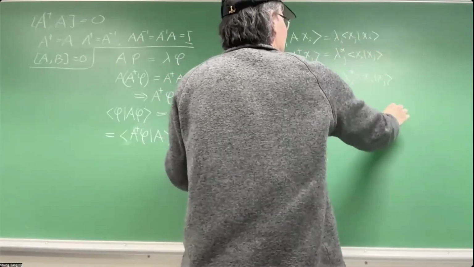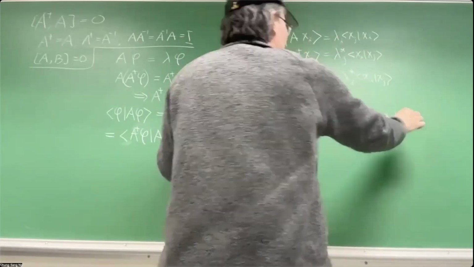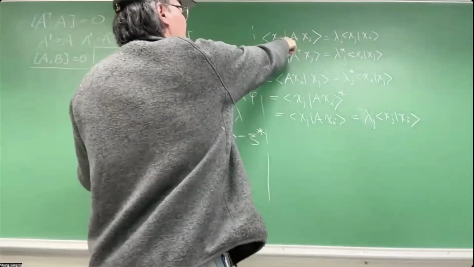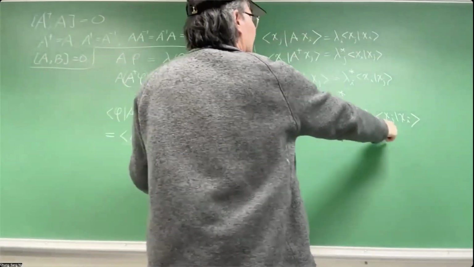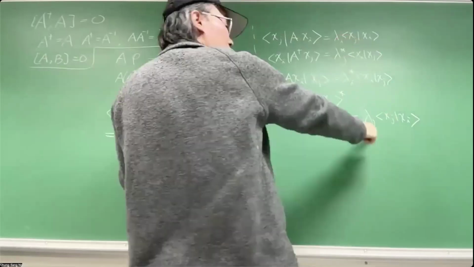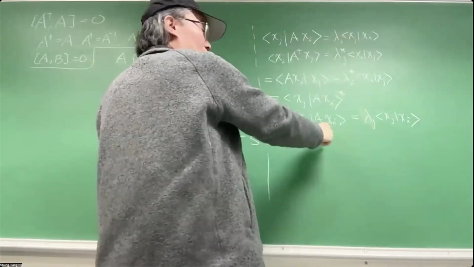Actually, what we do is go back to this equation. Because we are taking the complex conjugate, we take the complex conjugate of that equation. So that will give you lambda sub j, and then the complex conjugate of the scalar product just reverses it: x sub i, x sub j.